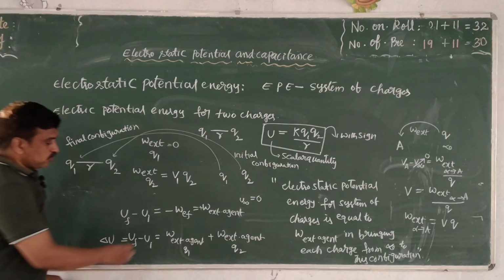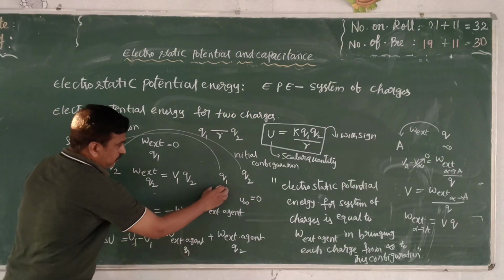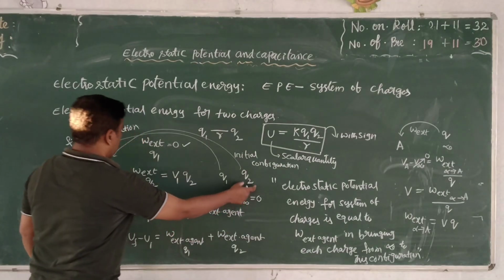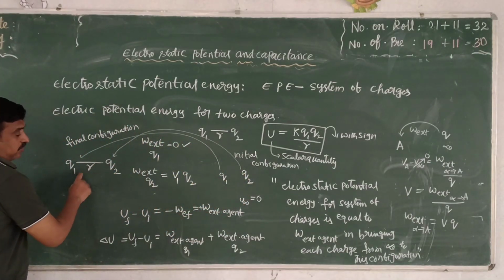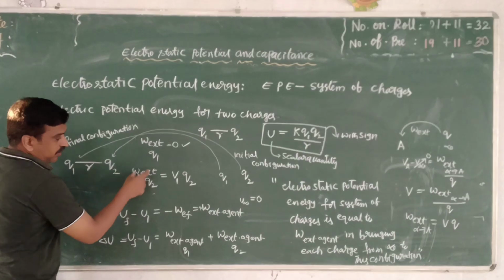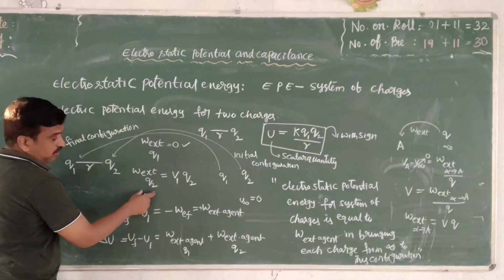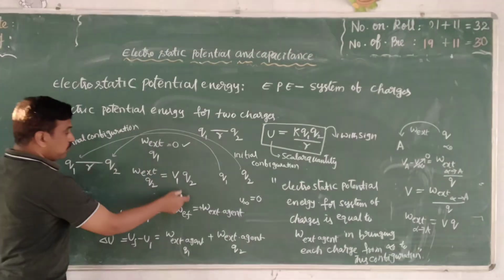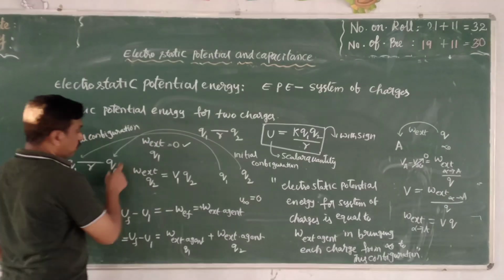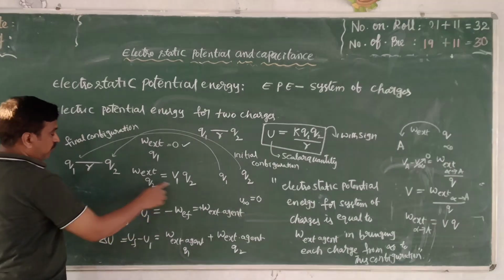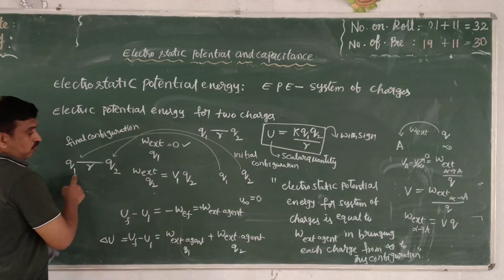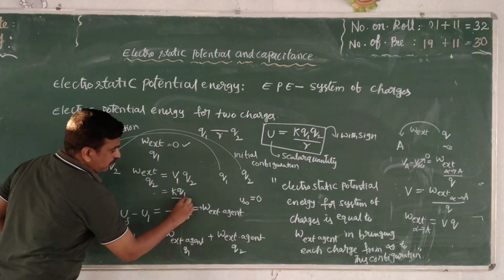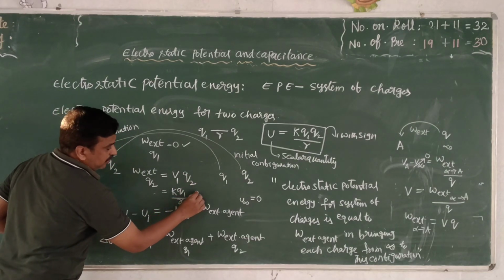See here, work done by external agent in bringing Q1: what is the work done? 0. Work done by external agent in bringing Q2 charge from infinity to R distance from the Q1 is equal to electric potential due to first charge into which charge we are bringing, Q2. V1 means due to Q1, the potential is K Q1 by R. The next bringing charge is Q2.